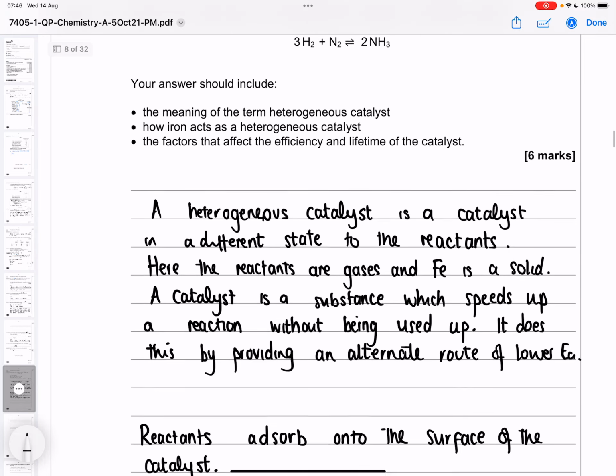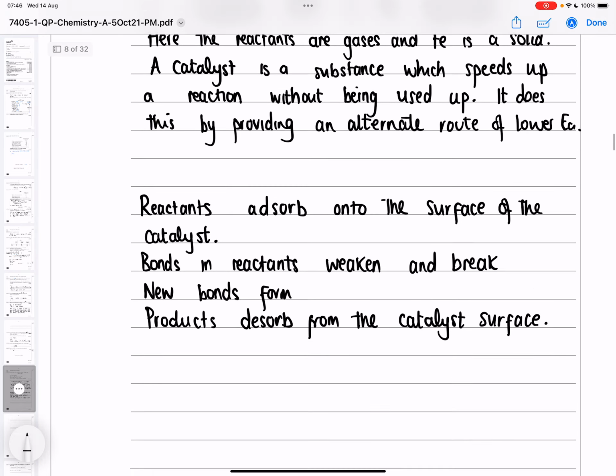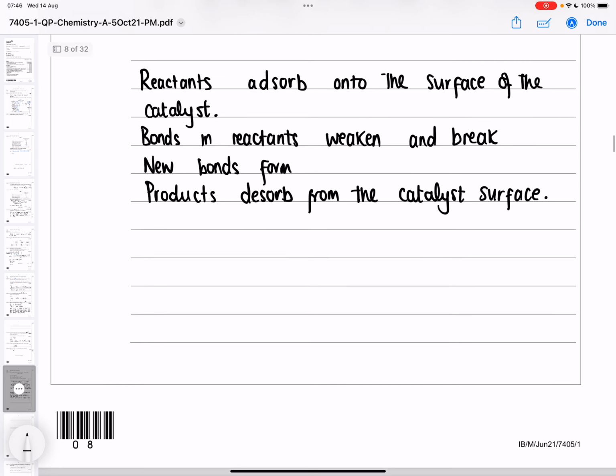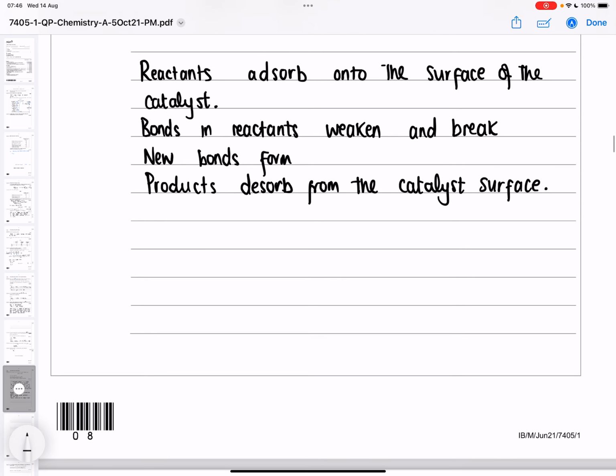And then our 3rd bullet point was the factors that affect the efficiency and lifetime of the catalyst. So the factors that affect its efficiency are its surface area. So we often use a sort of a support and then a thin layer on a support. That way we can get a lot more iron surface area but for less cost.